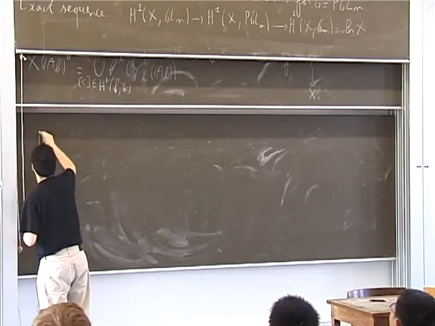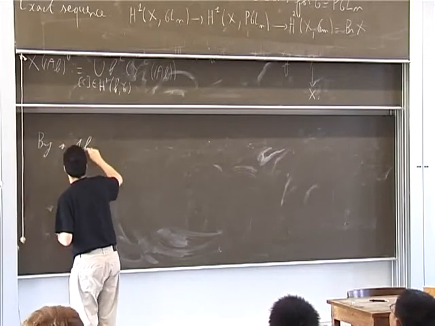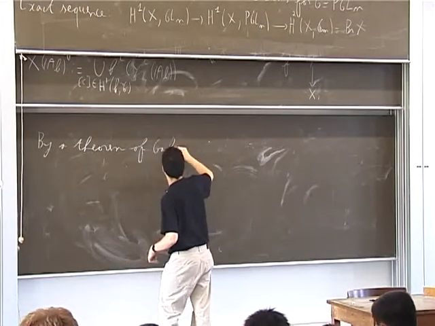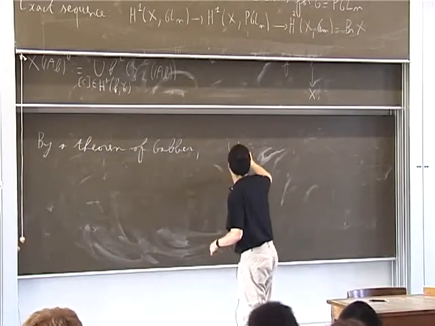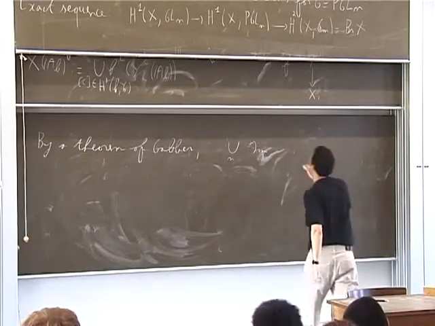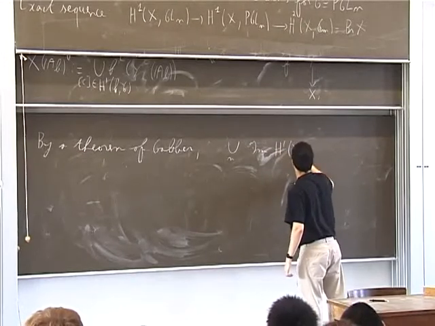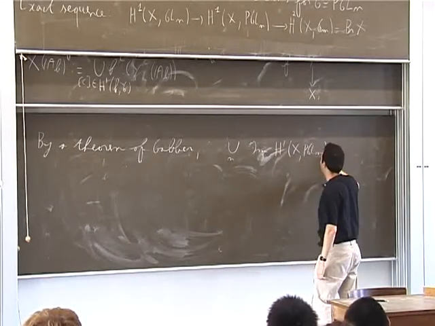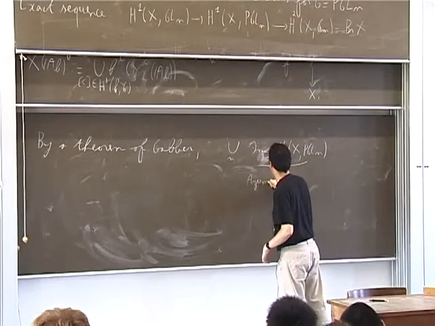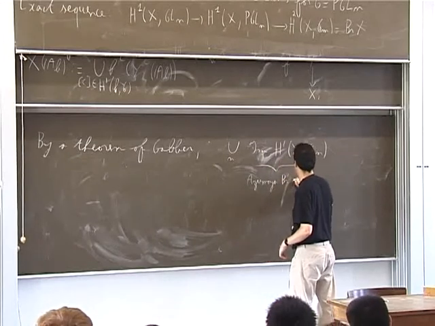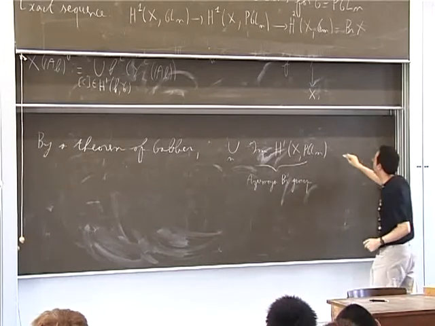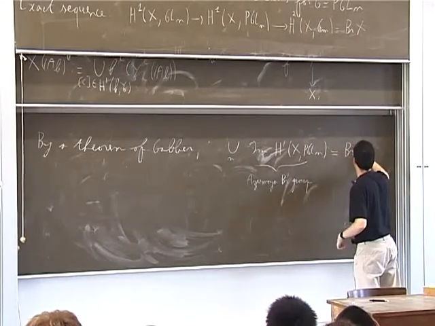So by a theorem of Gabber, if you take the union for all n of the image of H^1(X, PGL_N), so by definition, this is the classical Azumaya-Brauer group. So in this situation, for a smooth projective variety over a field, it is the same as Br(X).